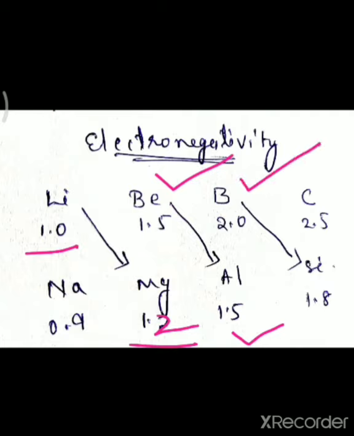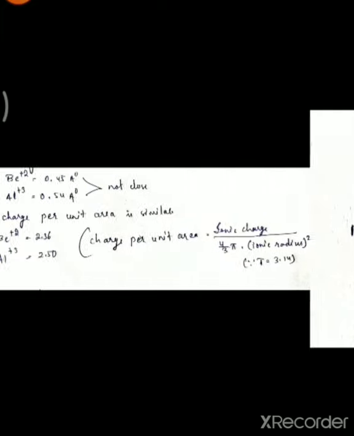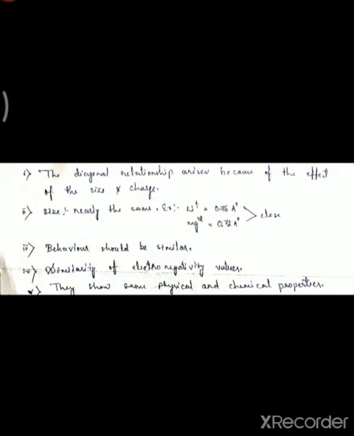Boron is 2.0 and silicon is 1.8, which is nearly similar. So in this way, the period 2 and period 3 elements, presented diagonally, are similar to each other.